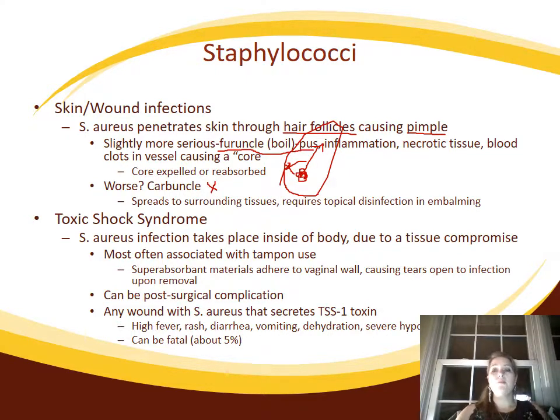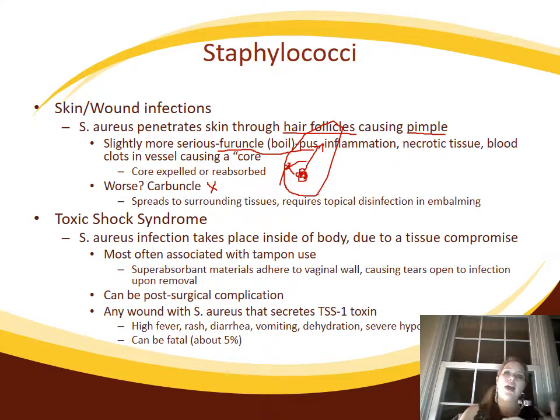Toxic shock syndrome is when tissue inside of the body is compromised, then infected, and the infection spreads throughout the body. Toxic shock syndrome is generally associated with the use of tampons in females. So what will happen is the tampon that is used adheres to the uterine lining, adheres to the vaginal wall.